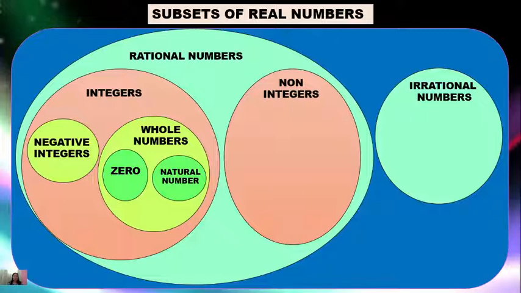In between negative and positive numbers, we have 0, and we have positive numbers which are natural numbers or counting numbers just like 1, 2, 3, 4, 5. Take note that whole number consists of 0 and positive numbers or counting numbers.